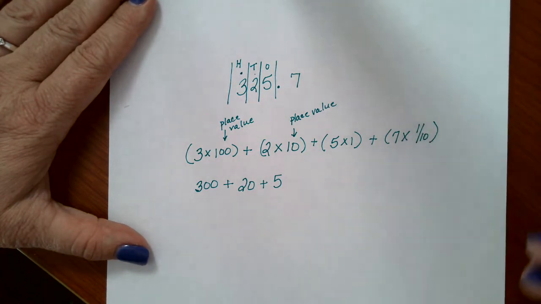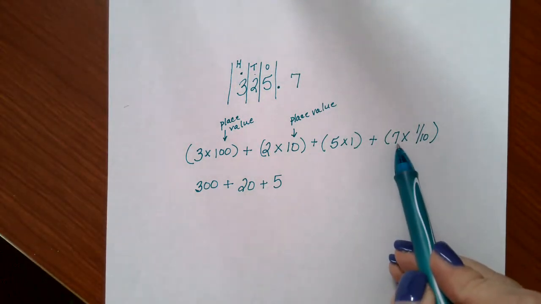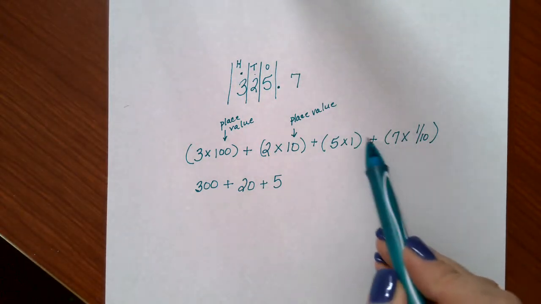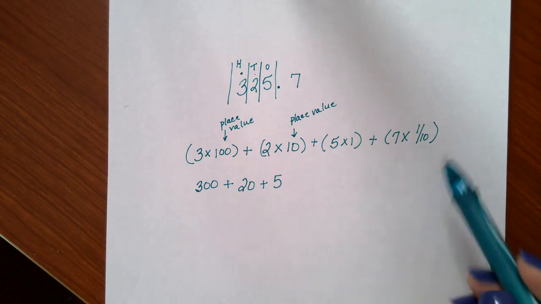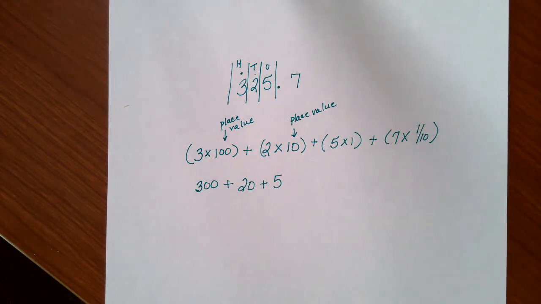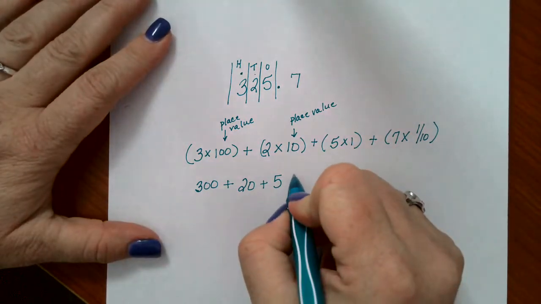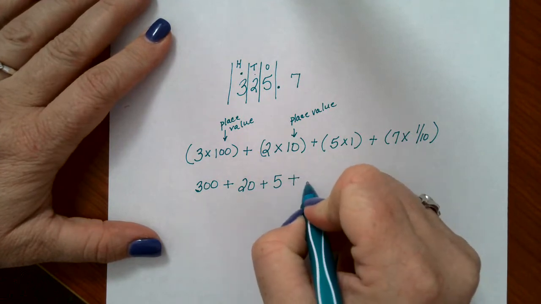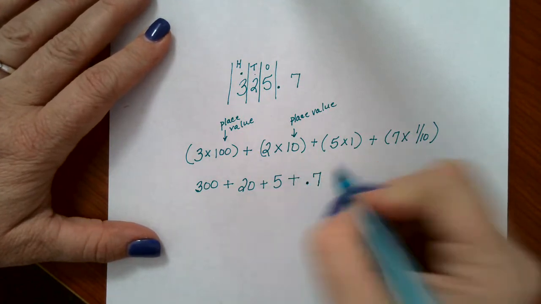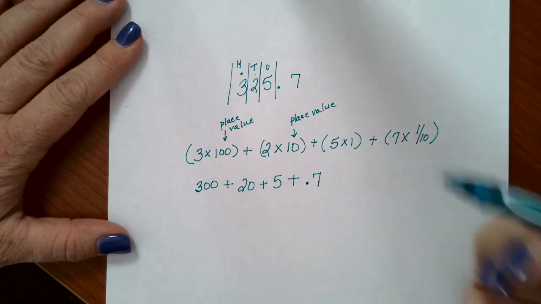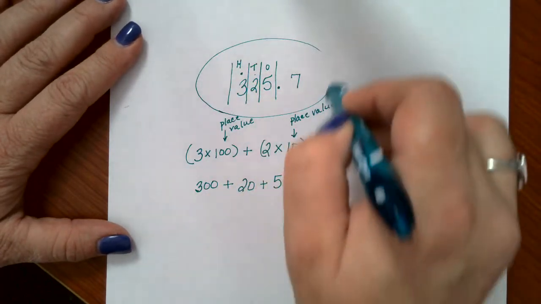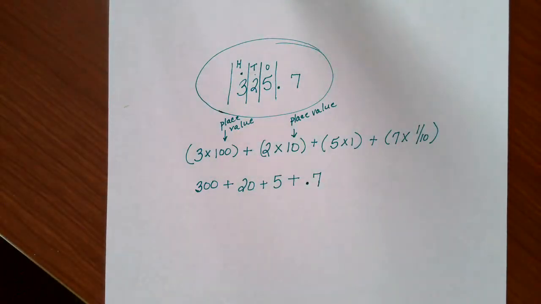This is showing us that this is a part of a whole number. It's a fraction of a whole number. Okay? Or you can do plus 0.7. Both of these are equal to this number right here, 325 and 7/10.